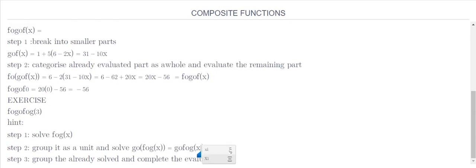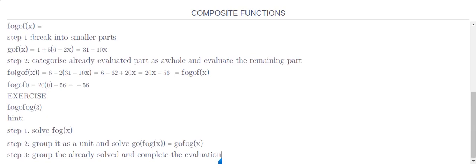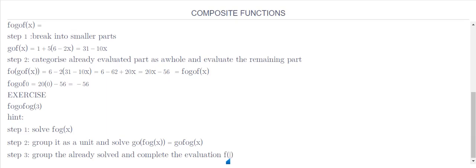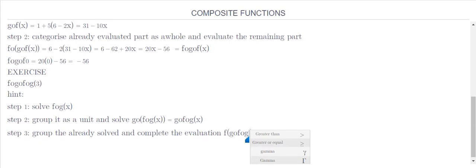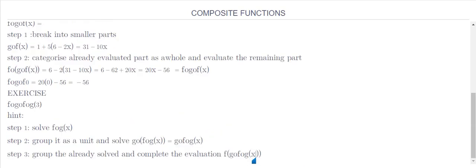So now you are grouping this g of f of g as a unit, substituting it into f. So if you have your f and you have already gotten g of f of g, substitute your answer in f. So that is going to give you f of bracket g of f of g. Of course it is in terms of x.